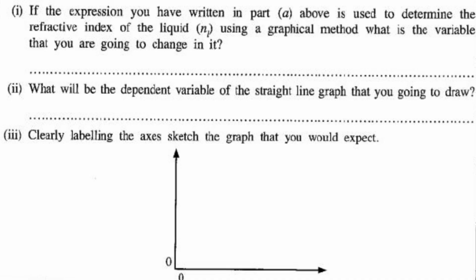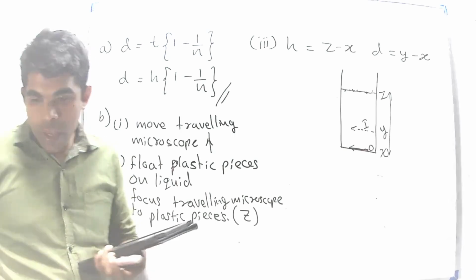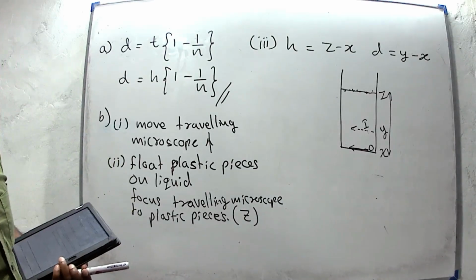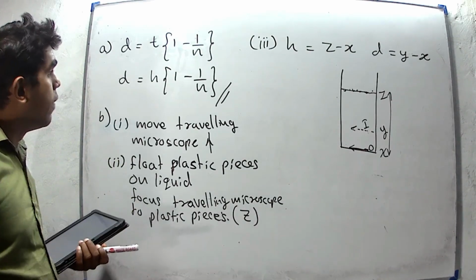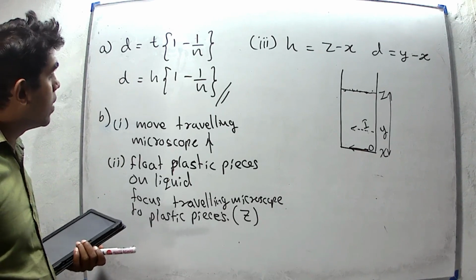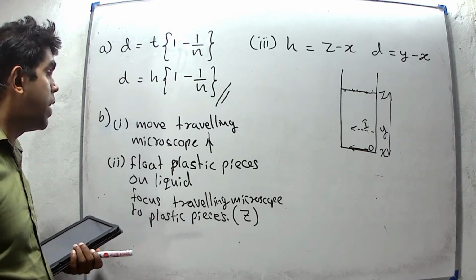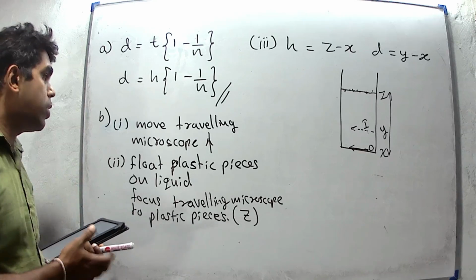Part C1. The expression you have written in part A is used to determine the refractive index of the liquid NL using a graphical method. What is the variable that you are going to change in it? Now we have to decide on the variable we can change easily.